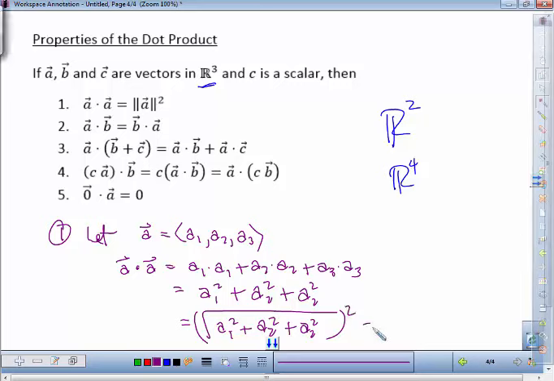And that is equal to the magnitude of A squared. So this is a simple proof of a simple property that may have big implications for us later on. So we'll use this particular property a little bit later on as we start digging deeper into our multivariable calculus.